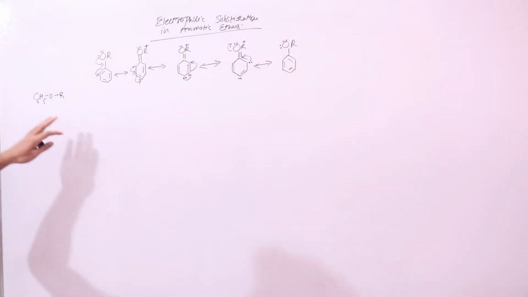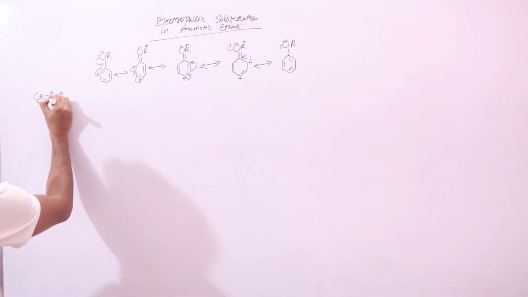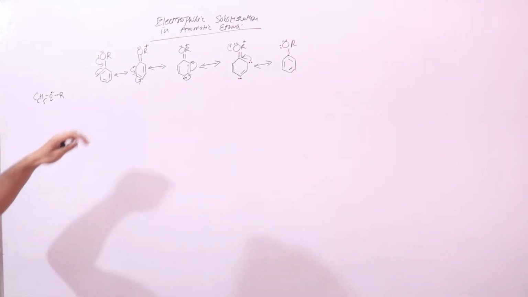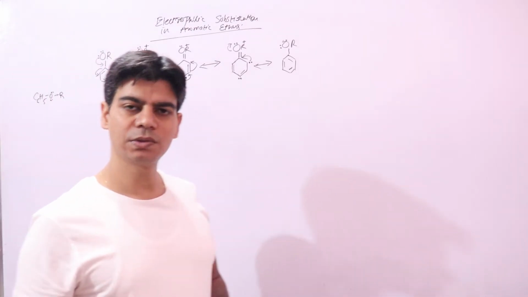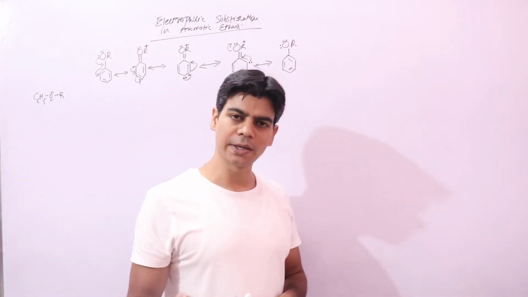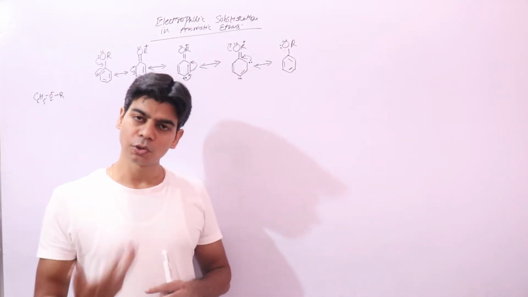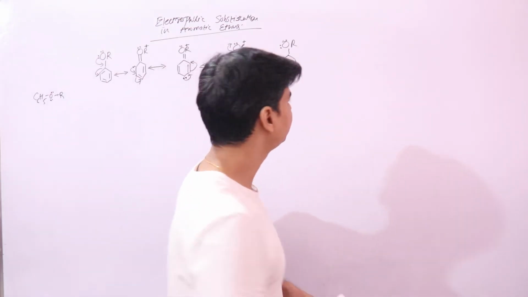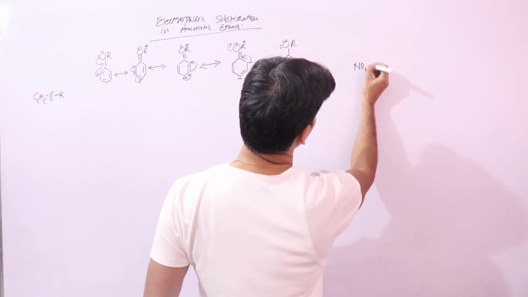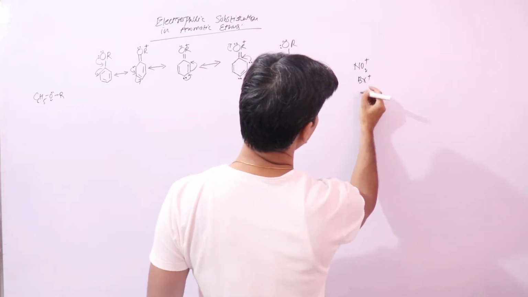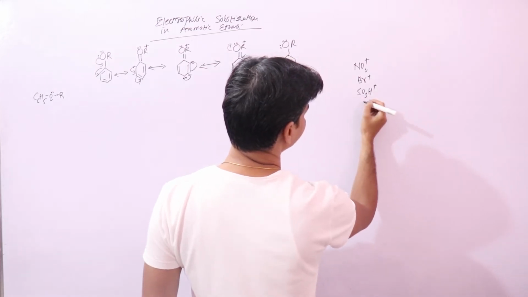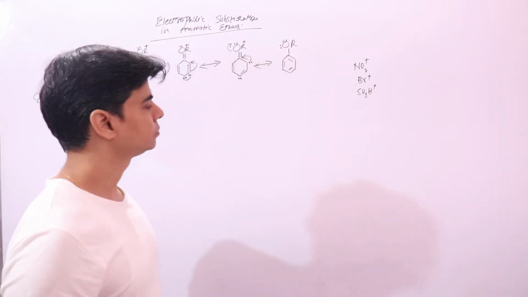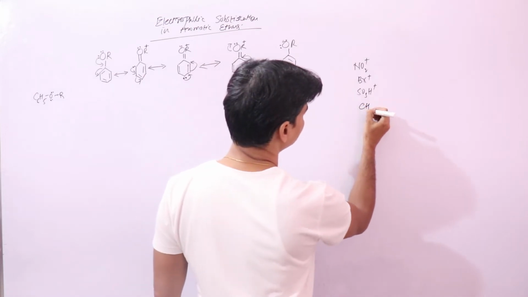Now we know that oxygen has two lone pairs of electrons, same as shown here. When we say electrophilic substitution reactions, that means electrophiles, which are positive reagents, for example NO2+, bromonium, SO3H, or CH3+.